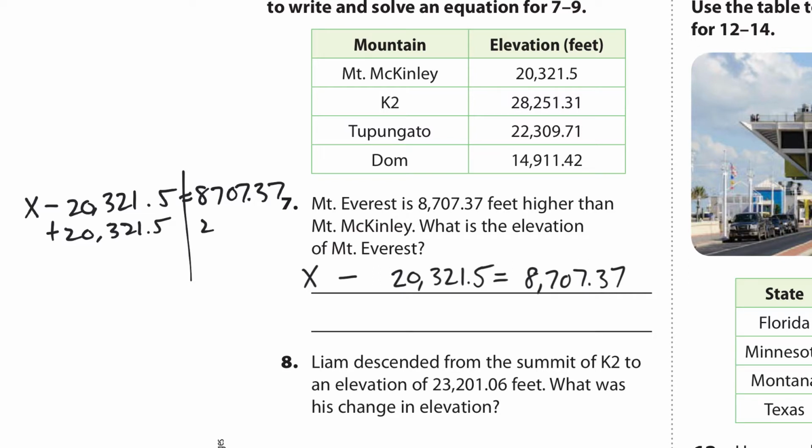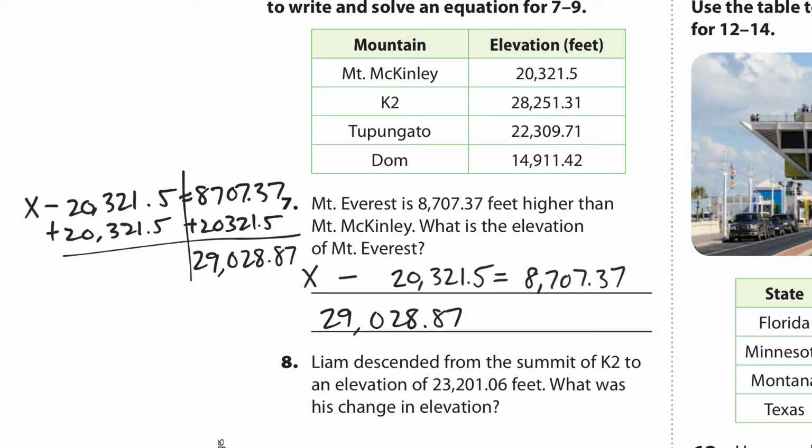You add 20,321.5 to both sides, and you were adding these together, so that ends up being 29,028.87 feet.